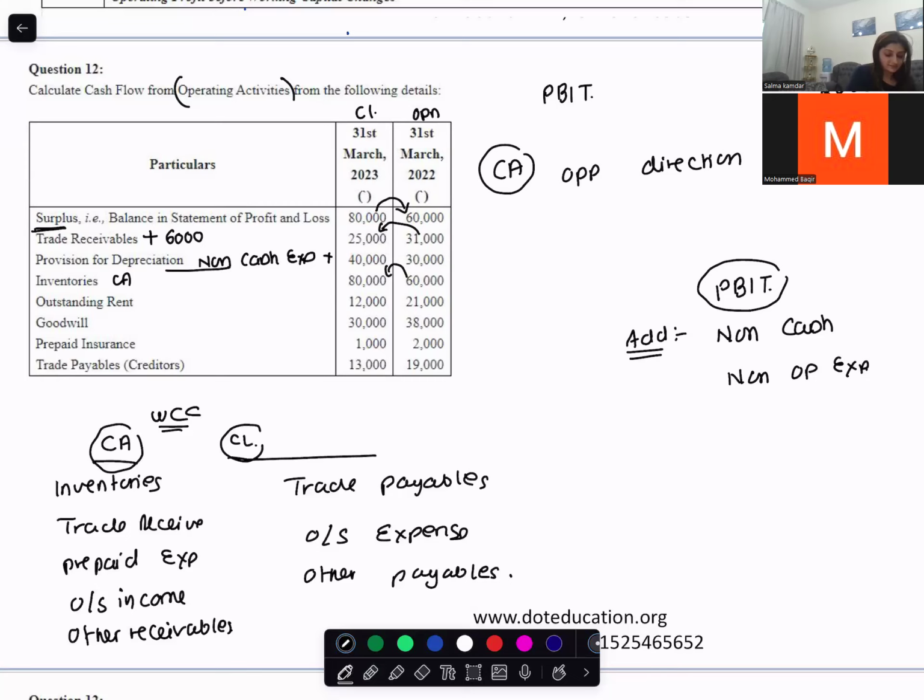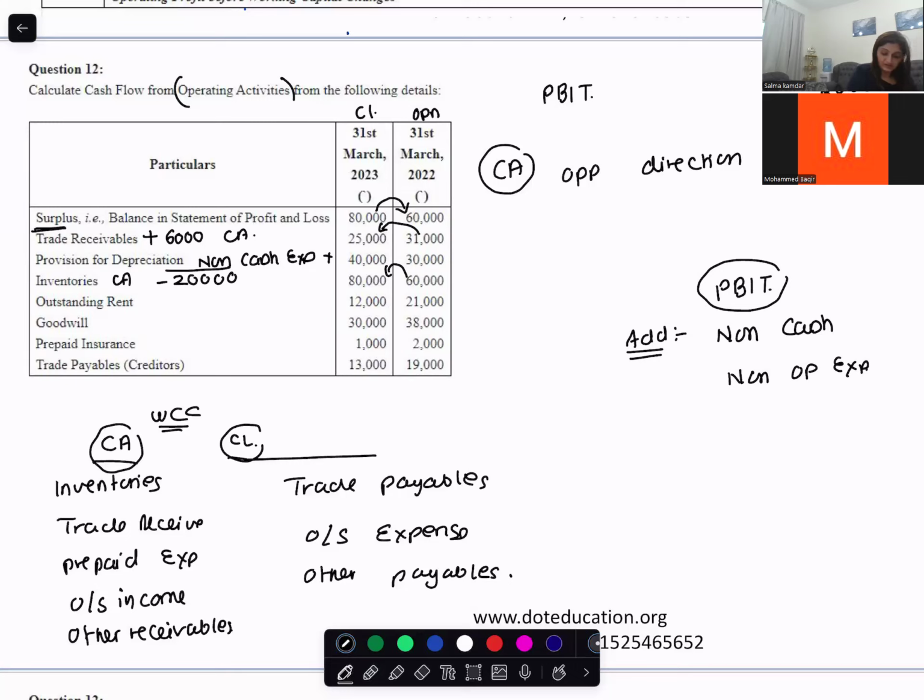If current asset is increasing, then we will subtract it. Subtract how much? By 30,000. Wait, not 20,000.